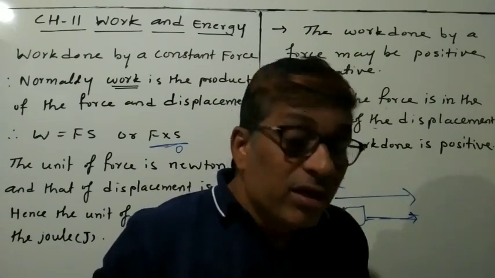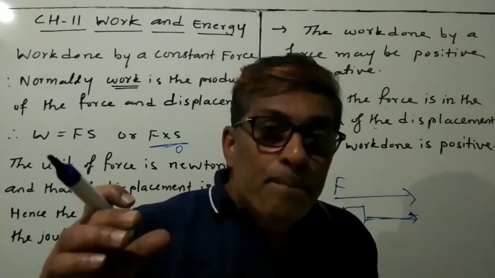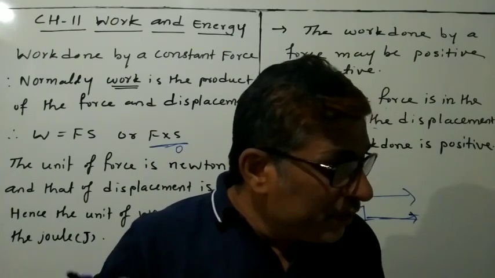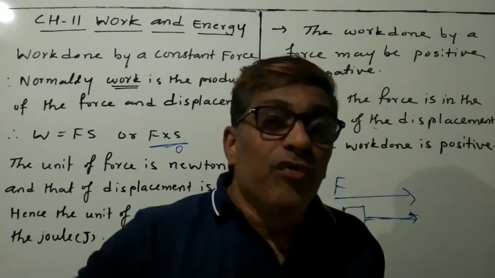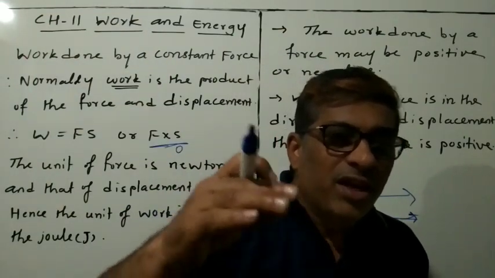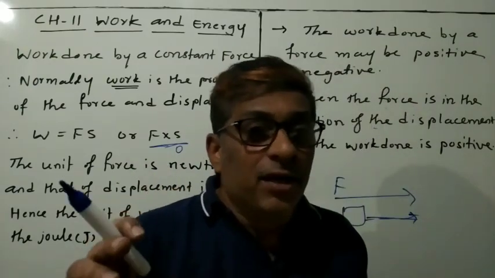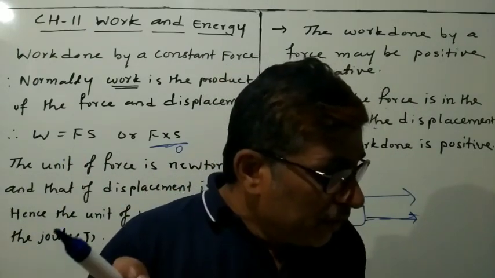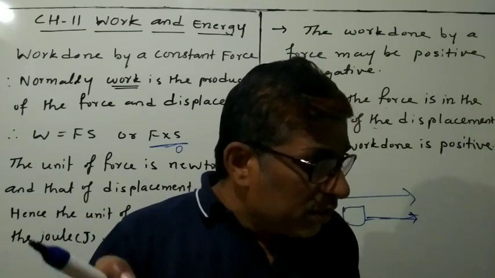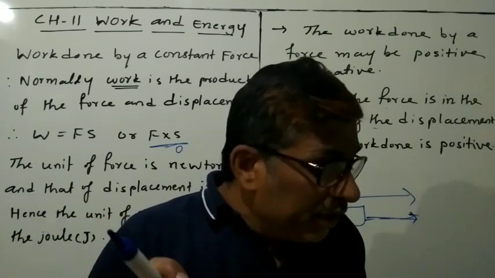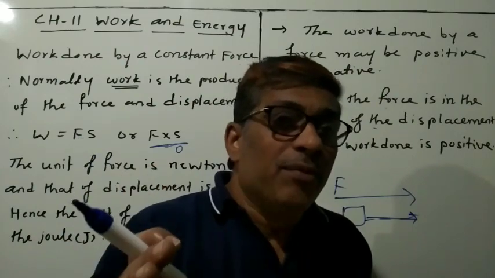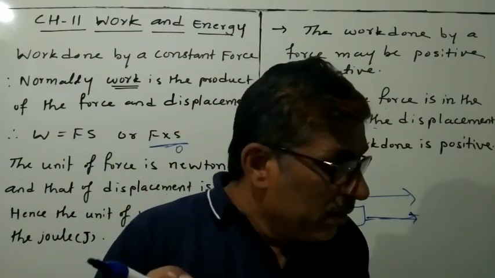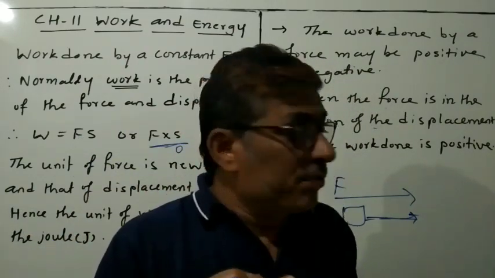For example, we will consider one more situation. Consider a situation in which the object is moving with a uniform velocity. Uniform means the speed is the same, along a particular direction. Now, a retarding force. Retarding force means some obstacle is applied in the opposite direction.